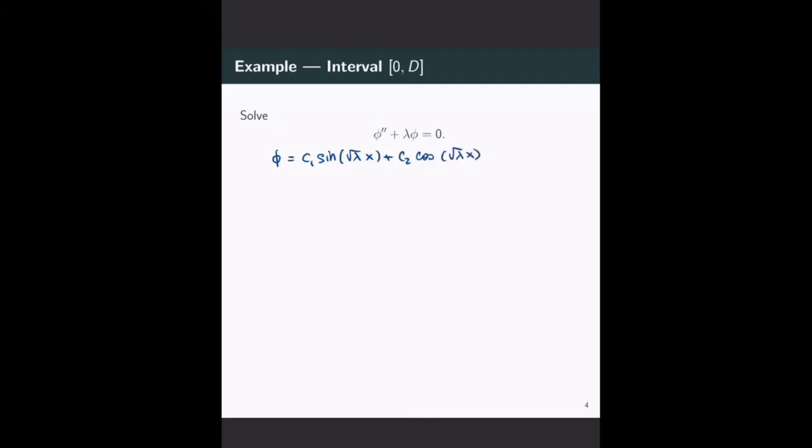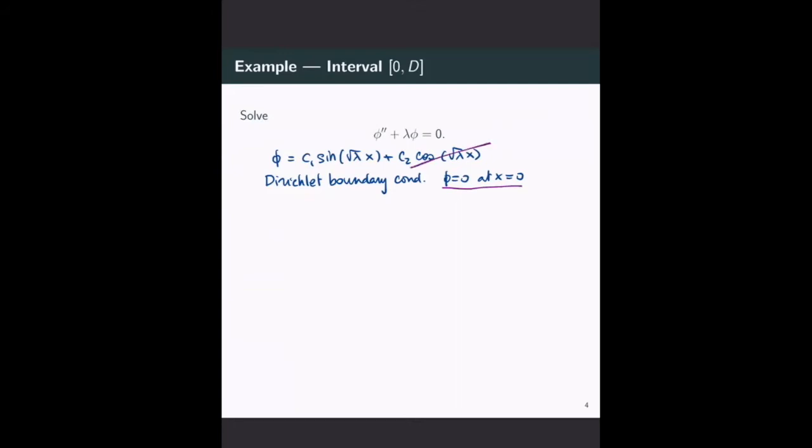This is the general solution. Now let's look at the boundary conditions. I told you it was the Dirichlet boundary condition. So phi is 0 at x equals 0.